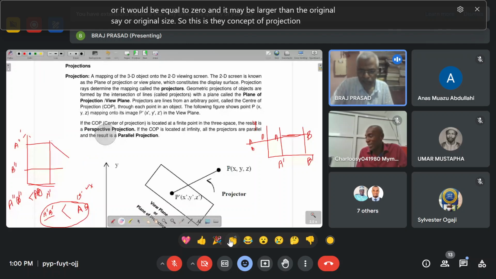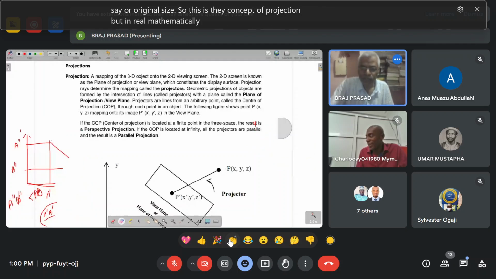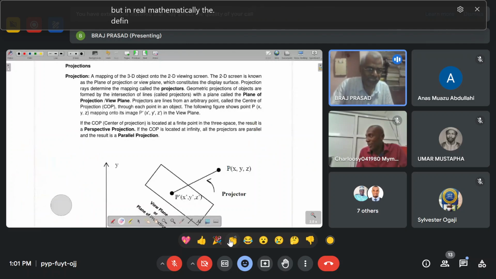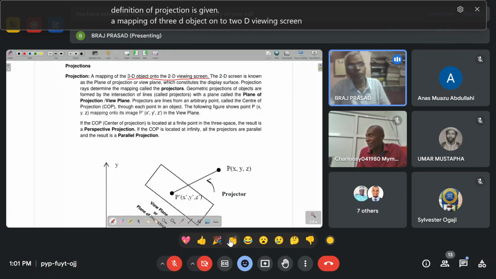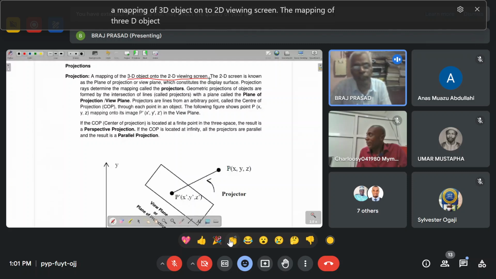But mathematically, the definition of projection is a mapping of a 3D object onto a 2D viewing screen, that is, the mapping of a 3D object into a 2D plane or 2D viewing screen.